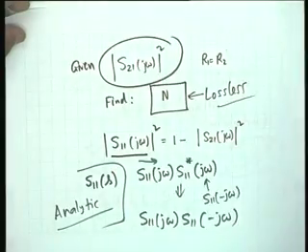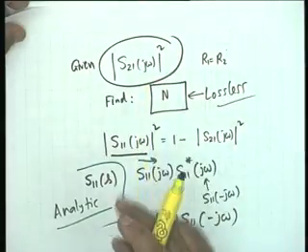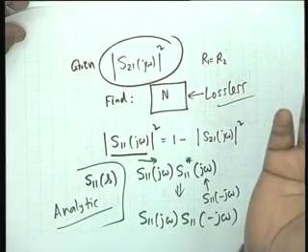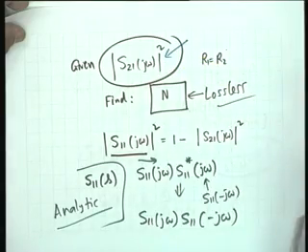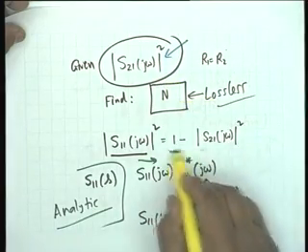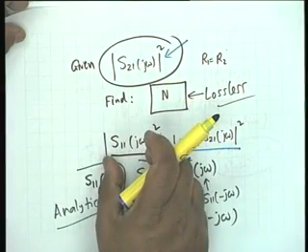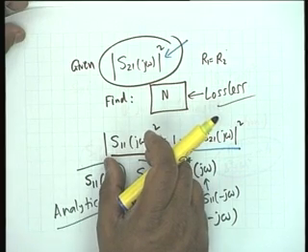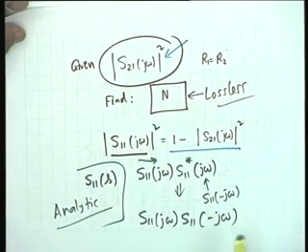The steps are, let me go back. Steps are that given the magnitude squared of S21 j omega, or any other version, for example the IPR or the insertion loss or the voltage transfer function, anything that is given, you first find out this. Subtract this from 1 to get the magnitude squared of the input reflection coefficient, and then you make an analytic continuation.